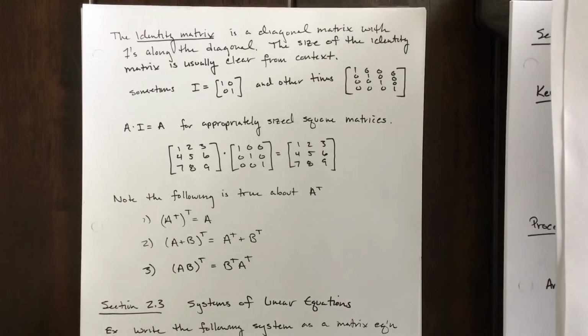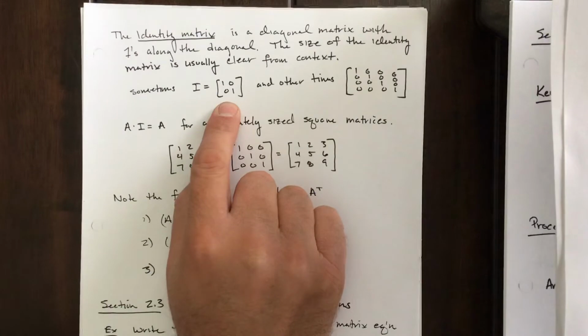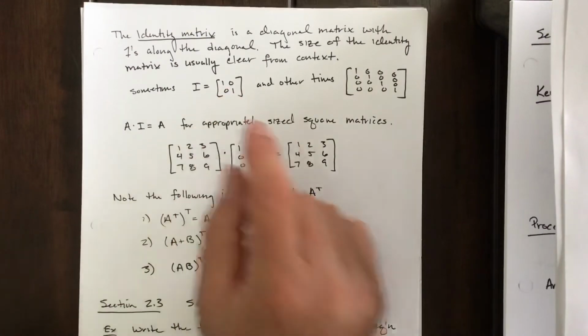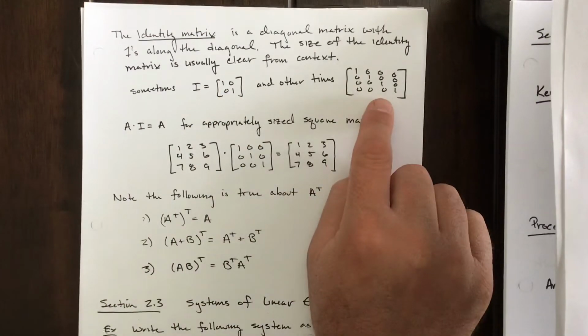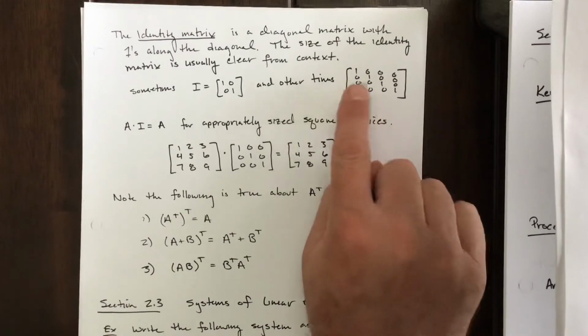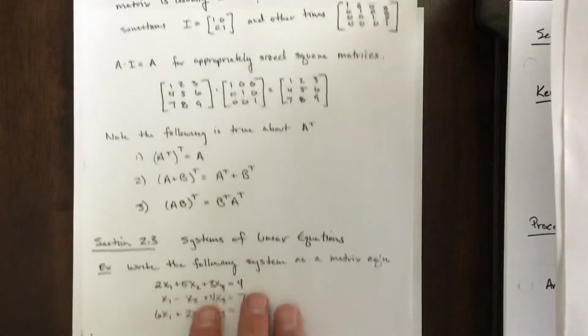We let the letter I represent the identity matrix. The size of the matrix is usually determined in the context of the problem. So sometimes I can be a 2 by 2 matrix with entries 1, 0, 0, 1. And sometimes it's a 4 by 4 matrix with 1s along the diagonal and 0 everywhere else.